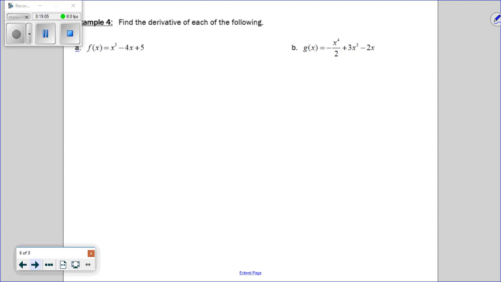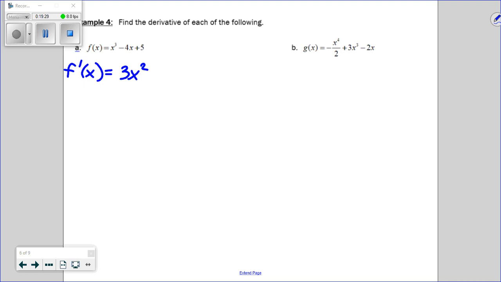Here is an example. If we want to find the derivative of x cubed minus 4x plus 5, we just find the derivative of each term separately. Okay, so f prime of x would equal the derivative of x cubed, using your power rule, which would be 3x squared. Bring the 3 down in front, subtract 1 from your exponent.